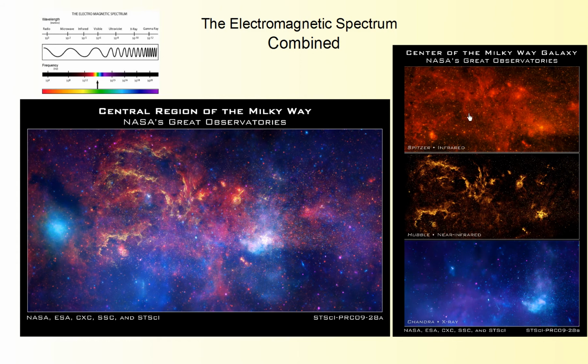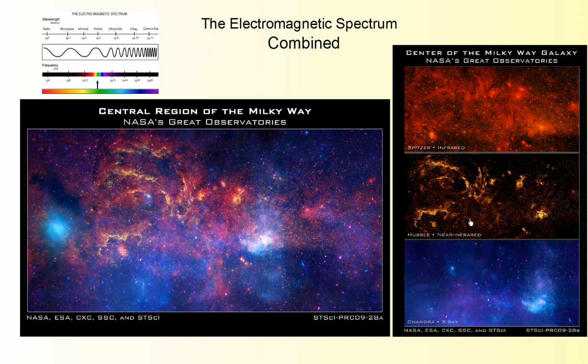So you take 3 different observatories. Of course, you all have heard of Hubble. You might have heard of Spitzer and Chandra. Spitzer takes infrared, kind of like far infrared, and this is what the center of our galaxy looks like. You can see that in here as the kind of oranges.